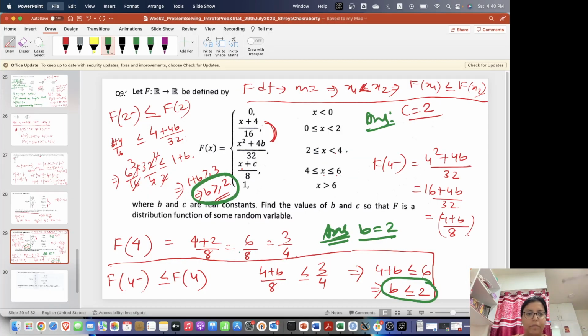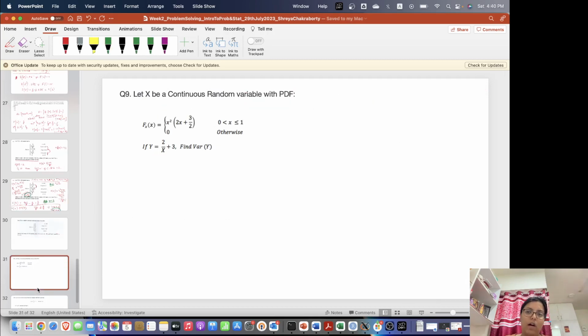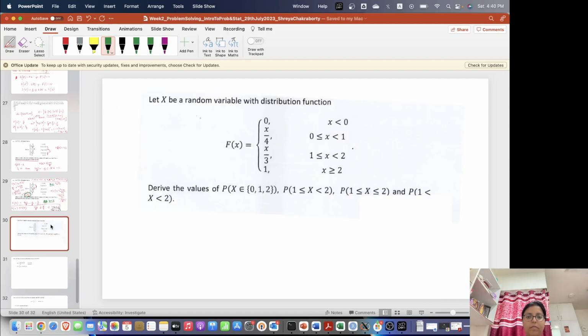All right. So now we'll solve this one. Here we have x as a random variable with this distribution function.